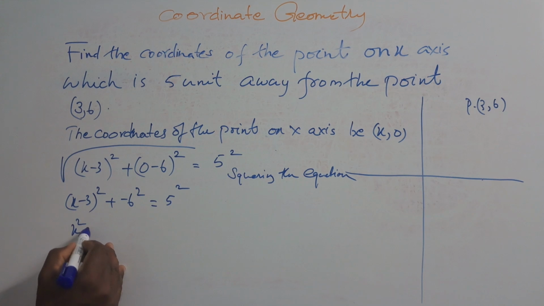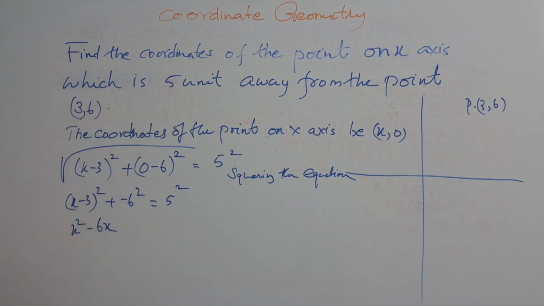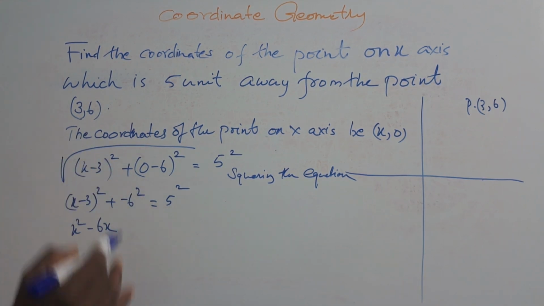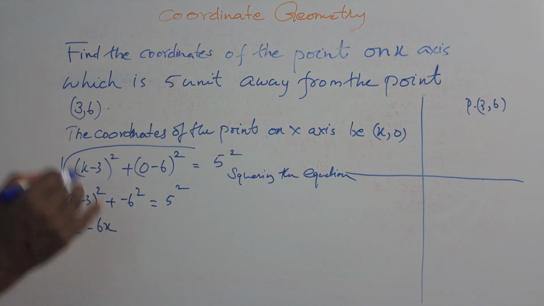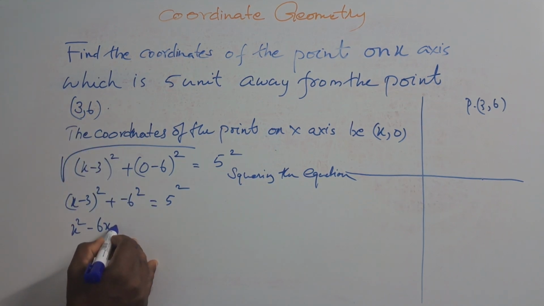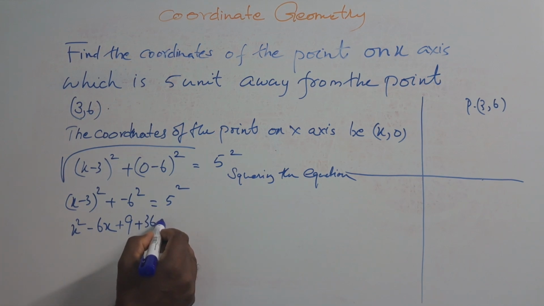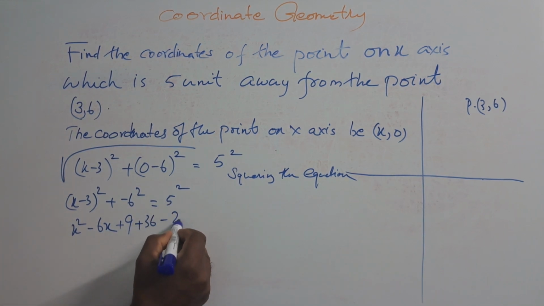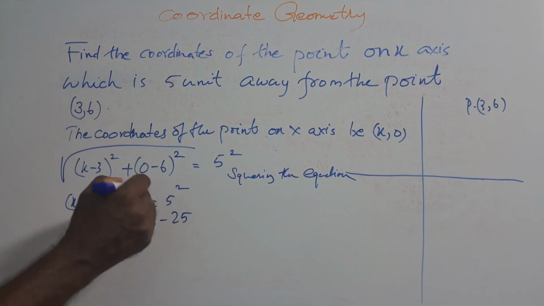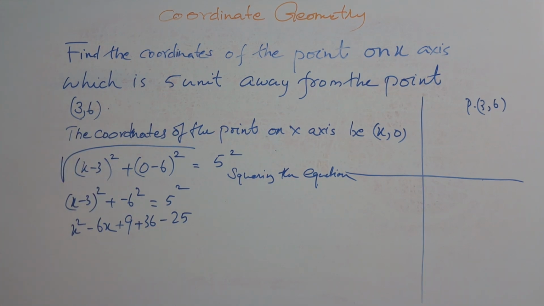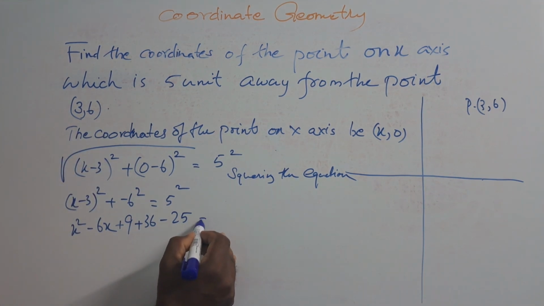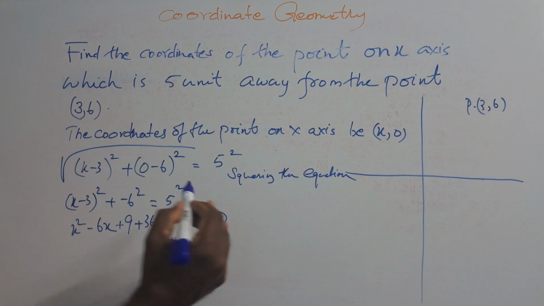X square minus 6x, using the identity (x minus y) the whole square is x square minus 2xy plus y square. In the place of y we have 3, plus 9 plus 36 minus 25. 5 square is taken to the left hand side and right hand side is 0.